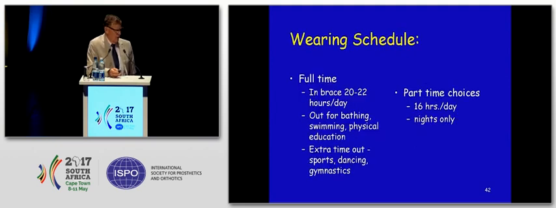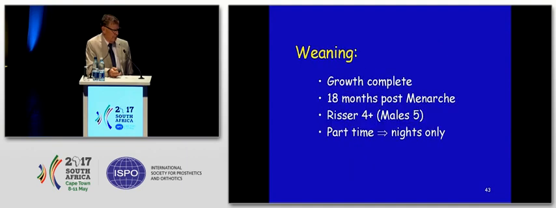Wearing schedules vary by the clinician, but we advocate full-time use, 20 to 22 hours a day, with taking the child out of the brace for bathing and for recreational activities that are part of their normal school life. There is evidence for the effectiveness of part-time use and for nighttime only use, but this is only in specific curves, and they're well documented in the literature.